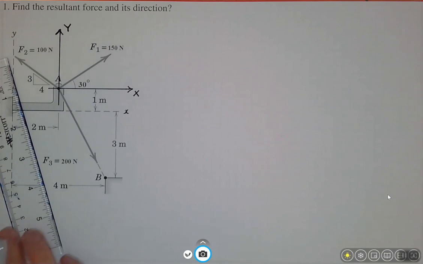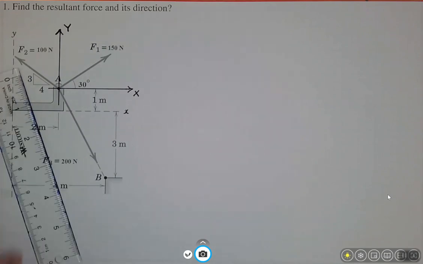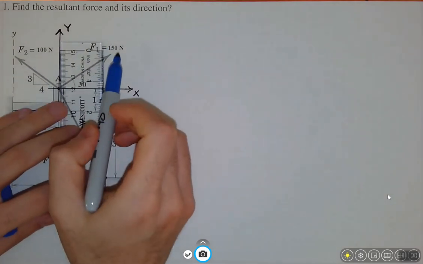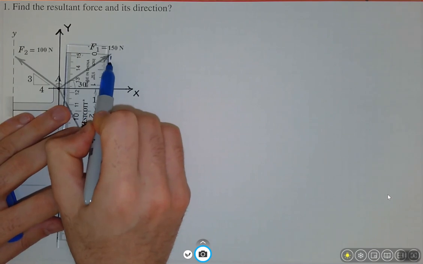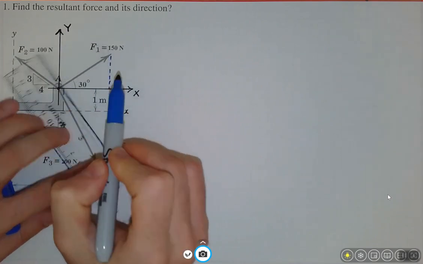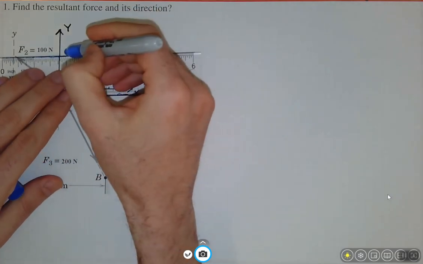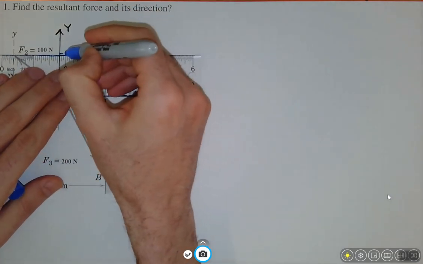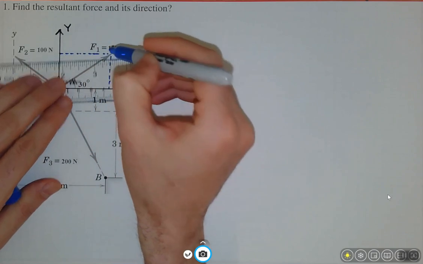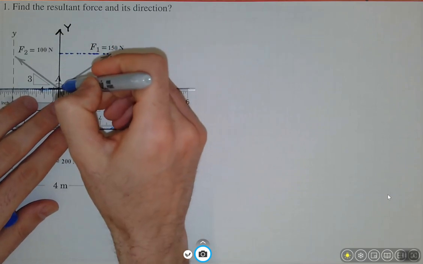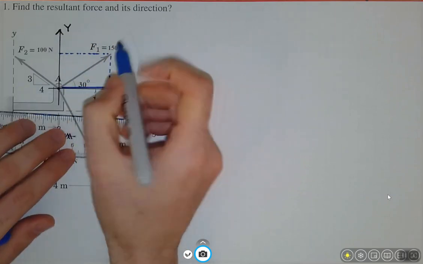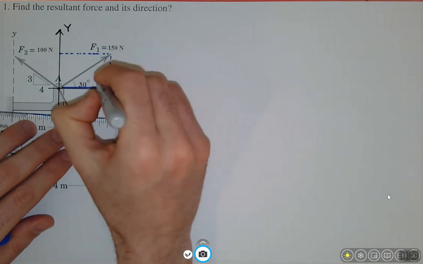This one also is very easy. We start with F1. So the load is 150, the angle is 30 degrees. Easily I can find the component in X and Y. If I do so, I write it over here.